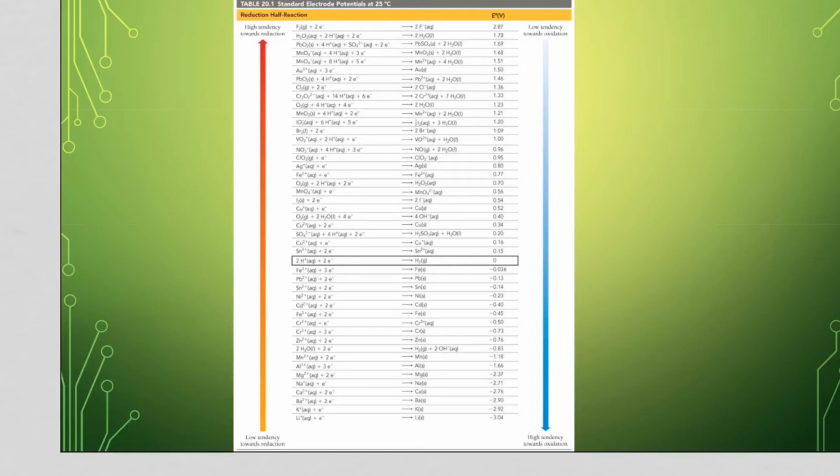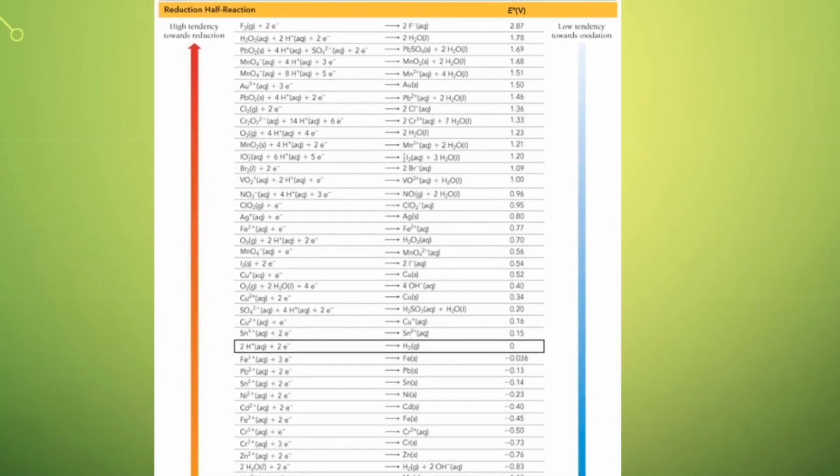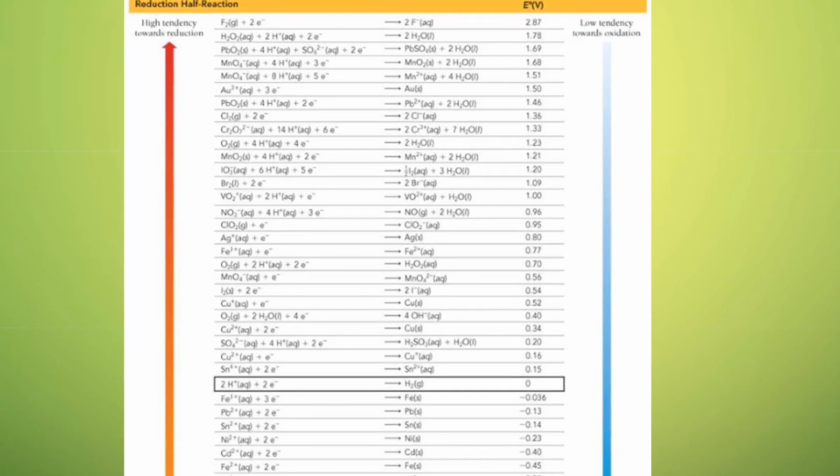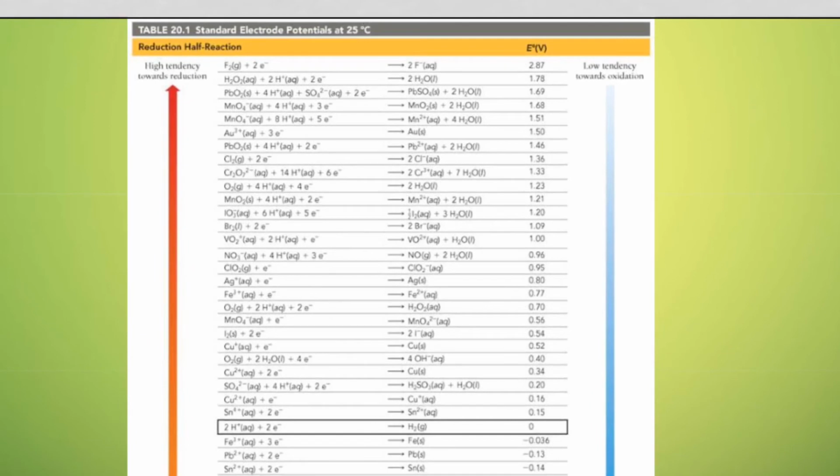Well, before we do that, let's look at our table. As I said, this can be used because we set everything up against the SHE electrode. Notice the SHE electrode down here is 0. Everything above this has a higher tendency to undergo reduction than the SHE.